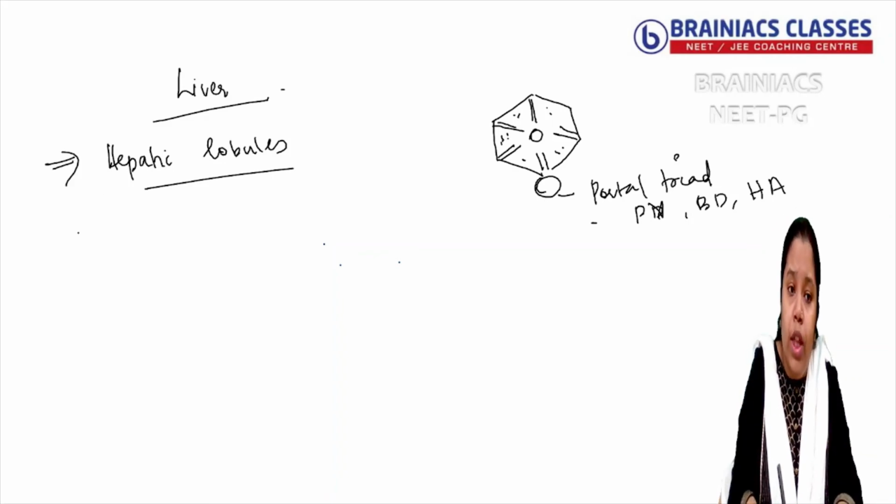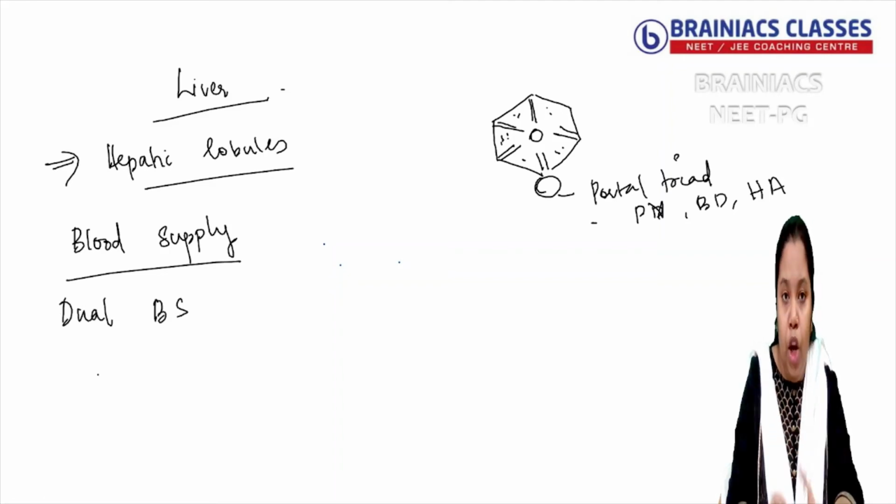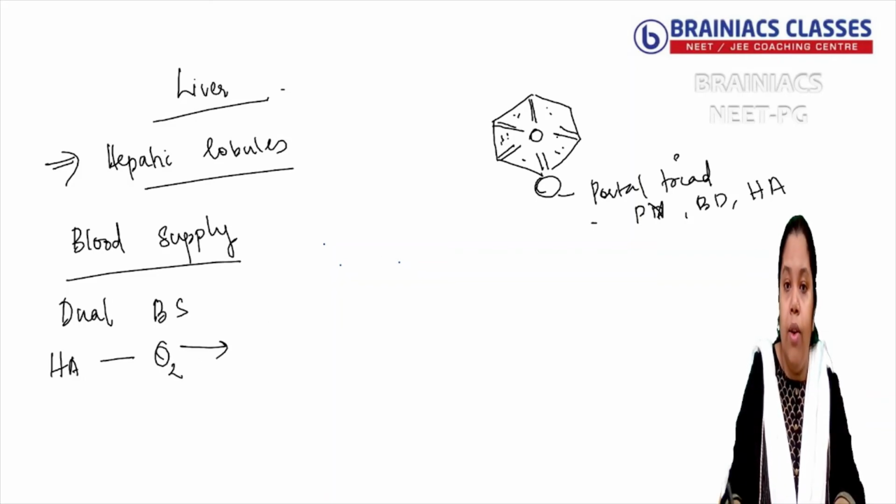Now, if you take the blood supply, the hepatic lobules have a dual blood supply. One is the hepatic artery, which will carry oxygen and distribute the oxygen into the sinusoids.